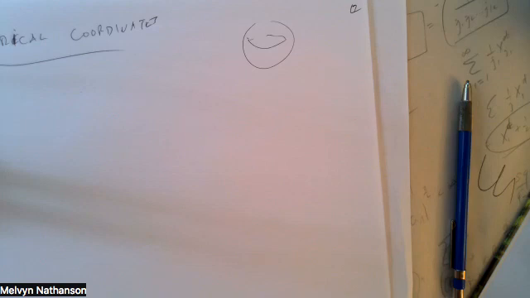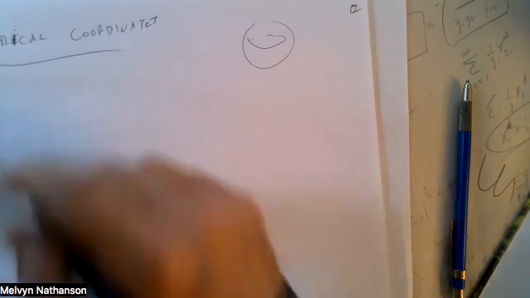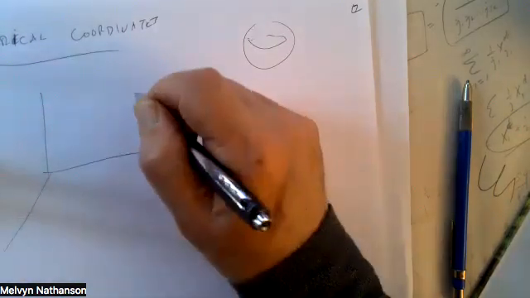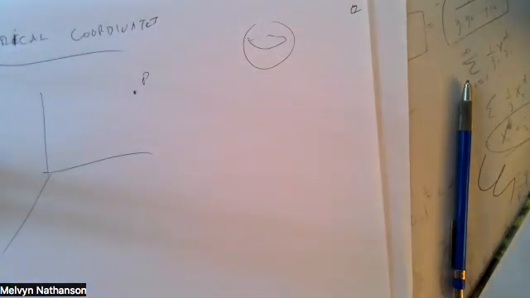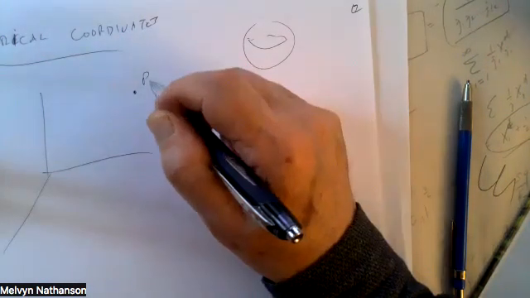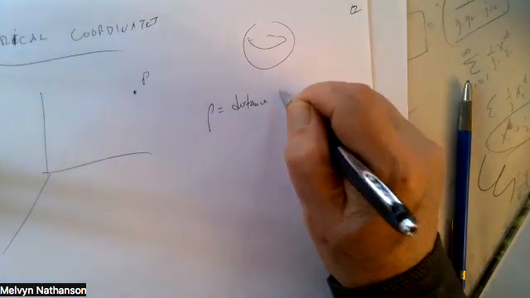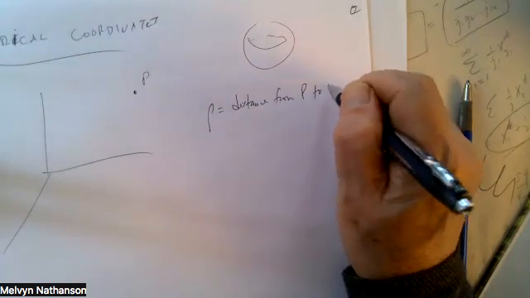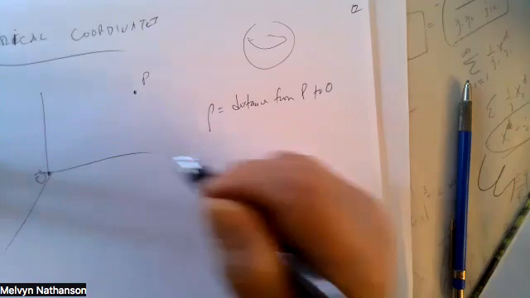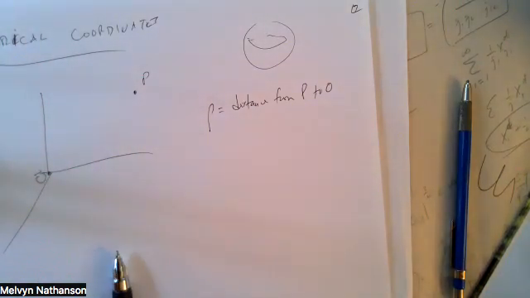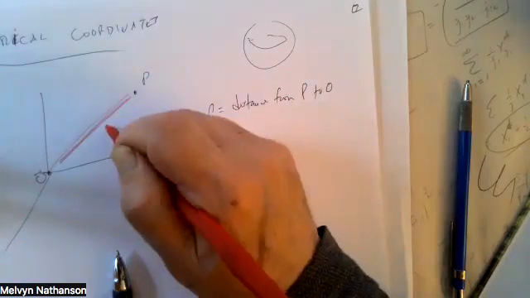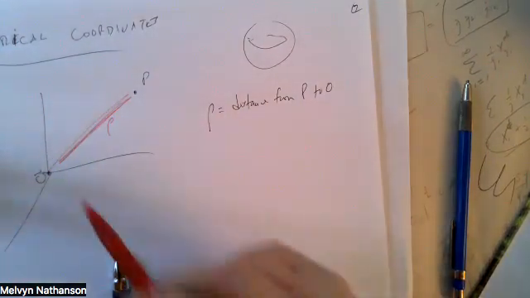And so how do you describe a point in spherical coordinates? It's going to have coordinates rho, which is the distance from P to the origin. That's the origin. So the distance in space is rho, from the origin to the point.